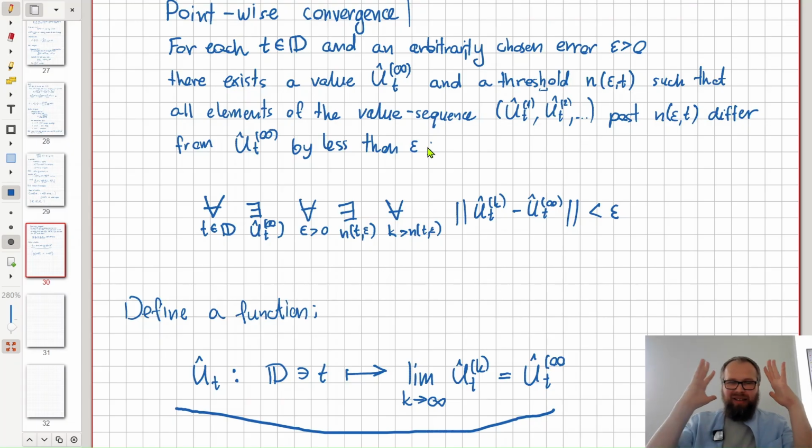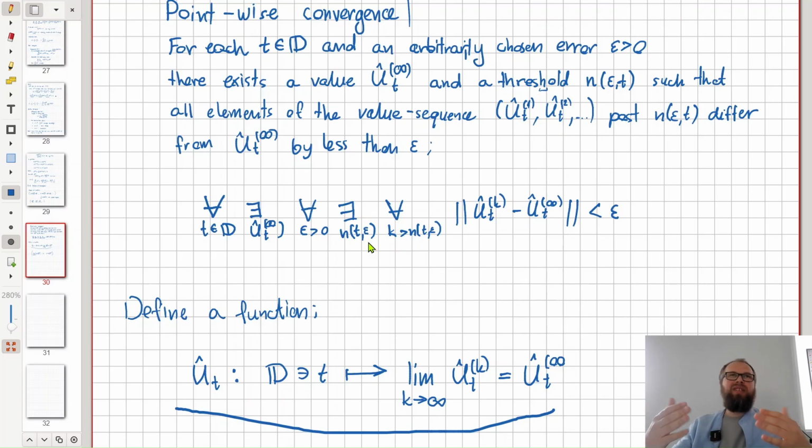The idea is we pick a value t, and then we pick the accuracy goal, and then we are looking for this threshold value beyond which the difference between the limit and the terms will be smaller than the accuracy goal. And naturally, the threshold value must depend for sure on the accuracy goal, right? Because if we tighten our accuracy, that means we have to dig deeper into a sequence to actually get closer to our limit, right? So it's natural.